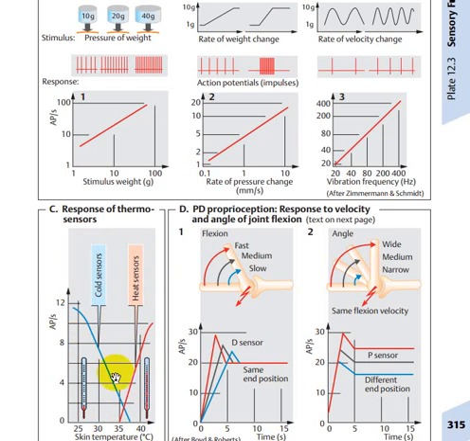So the cold sensors start at this portion here, 37 degrees Celsius, and the hot sensors start at 35 degrees Celsius. You see that at the middle portion, which is 36.5 or 37.5 degrees Celsius, you feel neither cold nor hot.